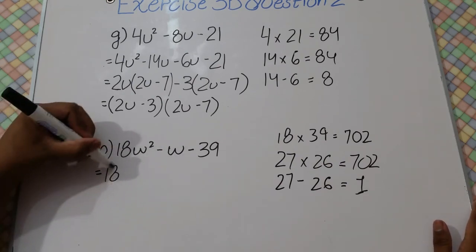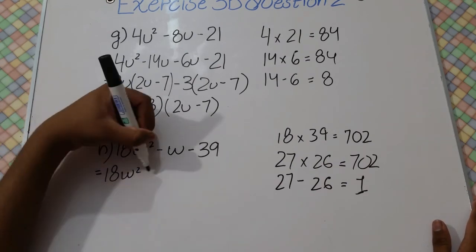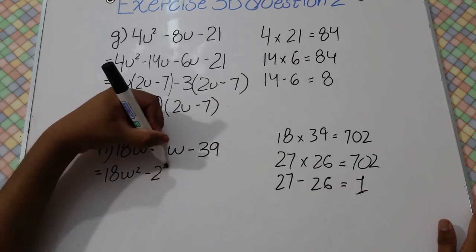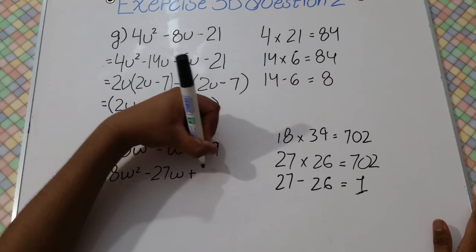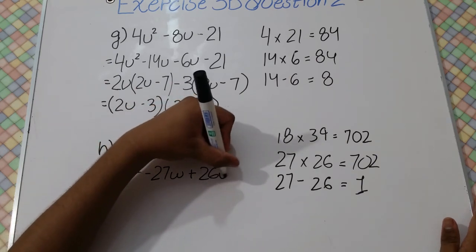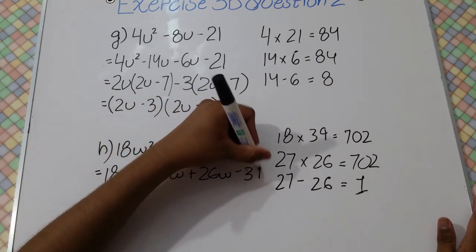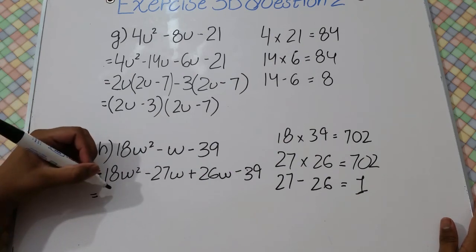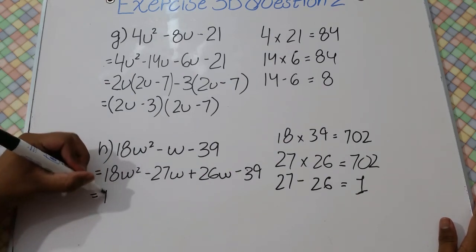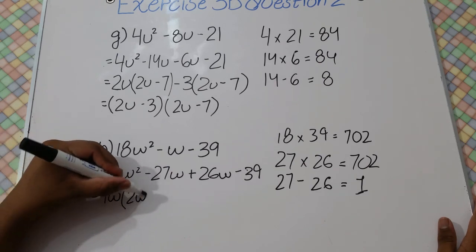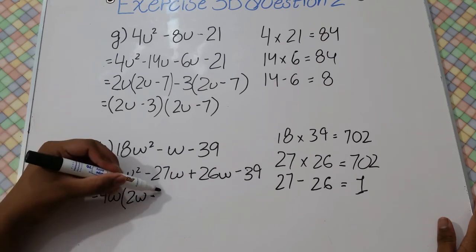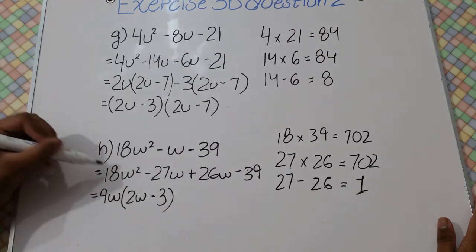So 18w square minus 27w and minus or plus, okay, plus 26w minus 39. Then we're going to take the common, so 9w are the common, and 9 2s are 18 and w, okay, then 9 3s are, okay.